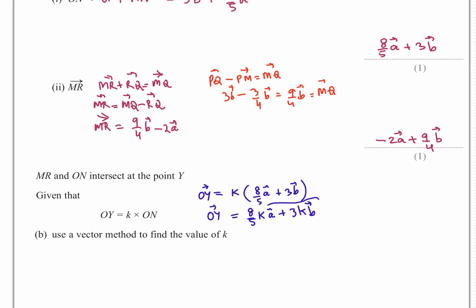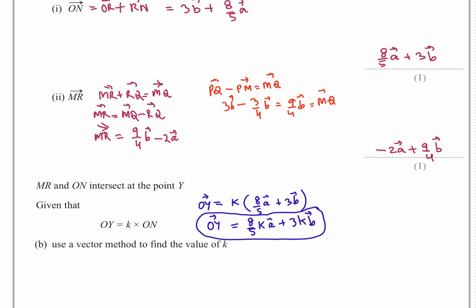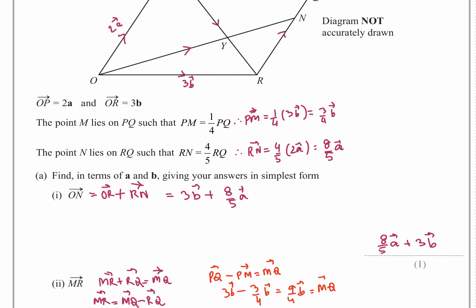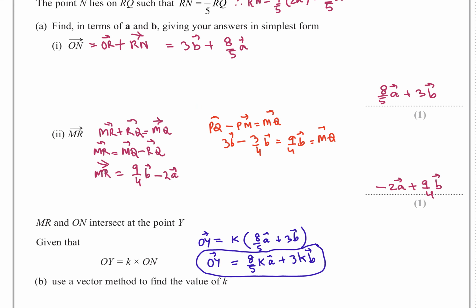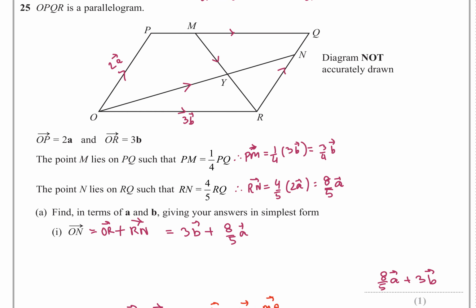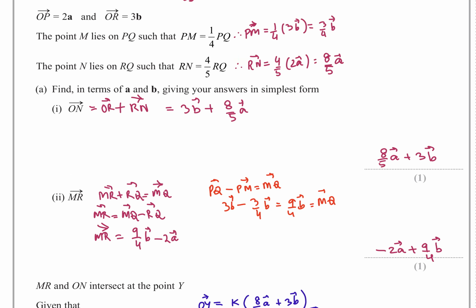Let me just put a box around it, or just a ring around it, because it's important, we'll be needing it, using it in our equation. So you see, what we then need to do is find a relationship. OY we know, if we can say ON.